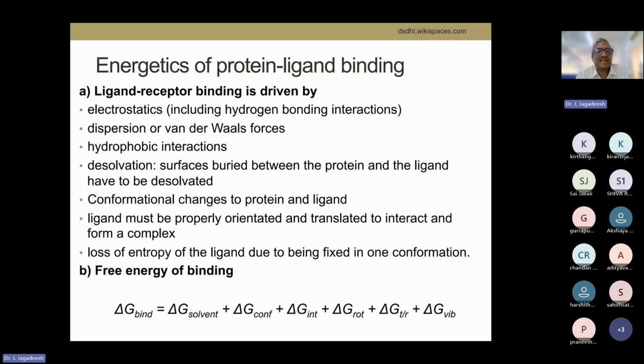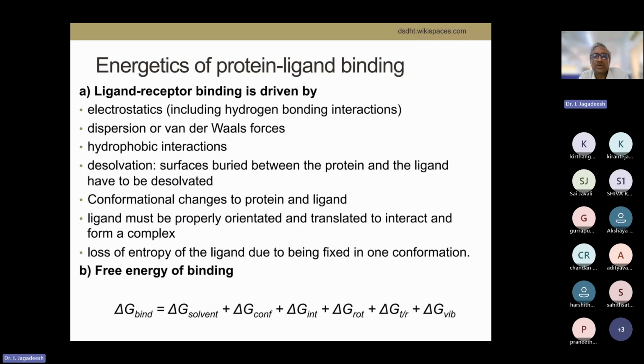There are electrostatics, that is hydrogen bonding interactions, van der Waals forces, also called dispersion forces, hydrophobic interactions, and dipole-dipole interactions. There is also desolvation: surfaces are buried within the protein, and the ligand has to be desolvated, removing the water effects.